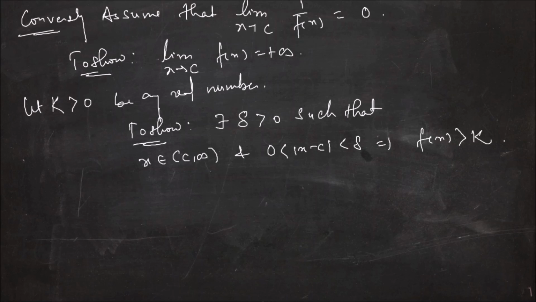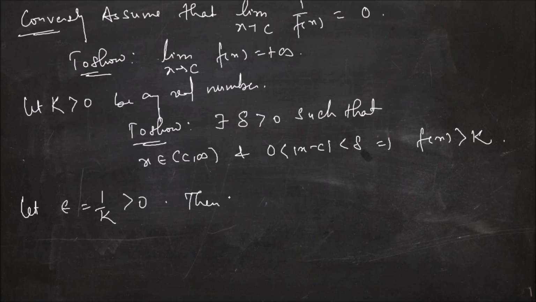Now I have to use this fact, and for this I need one epsilon. So what epsilon will I take? Because k represents a larger number and epsilon represents a smaller number, I will take epsilon equal to 1 by k. So let epsilon equal to 1 by k greater than 0.